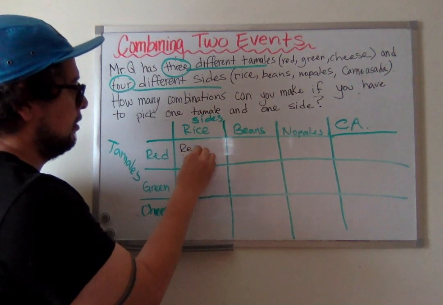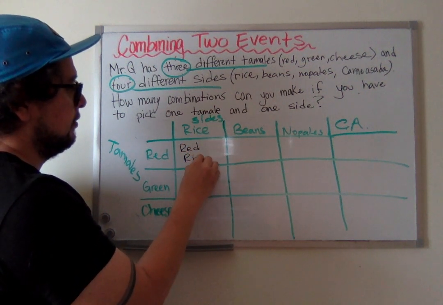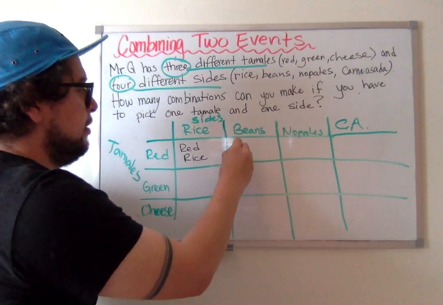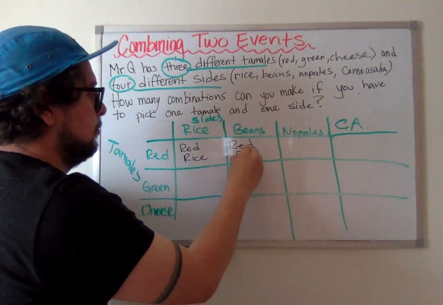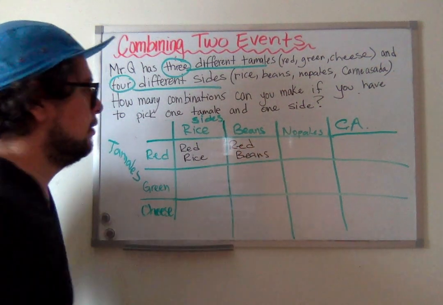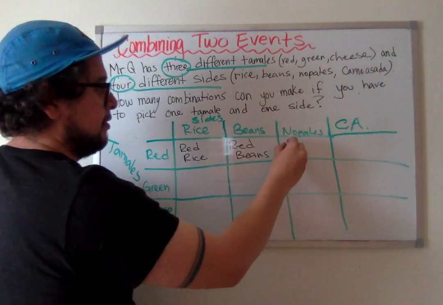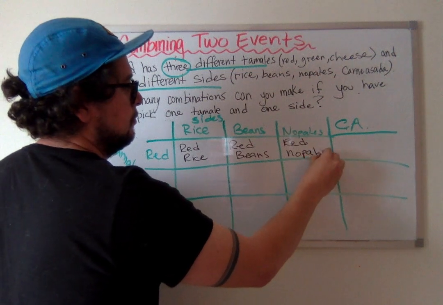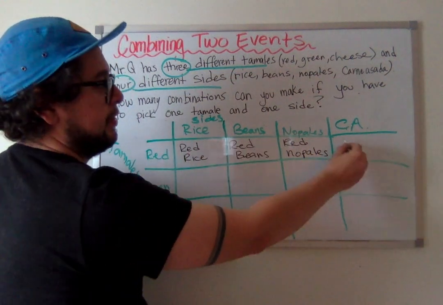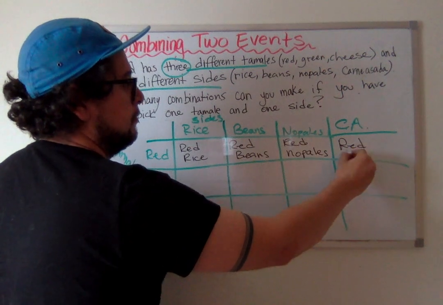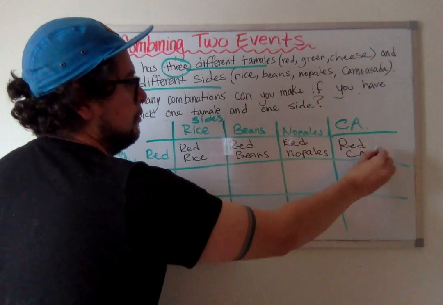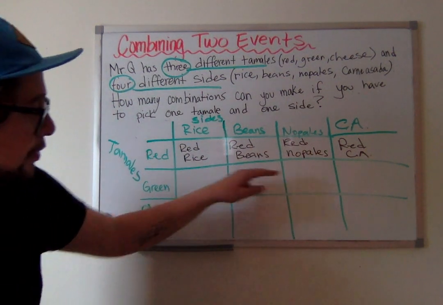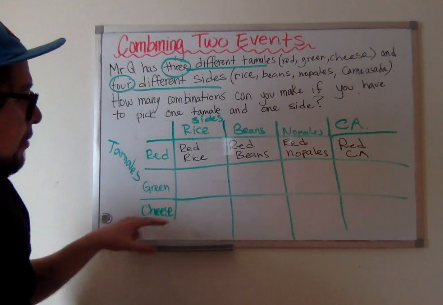So I can get red with rice. I could also get a red with my beans. I can combine red with nopales. And I can combine red with my carne asada. And I can do the same thing with my green and my cheese.